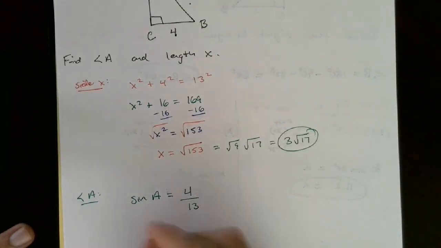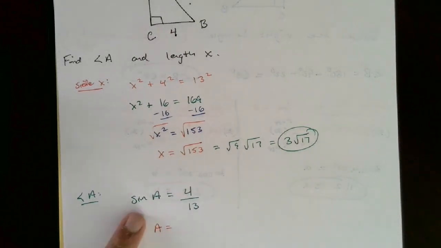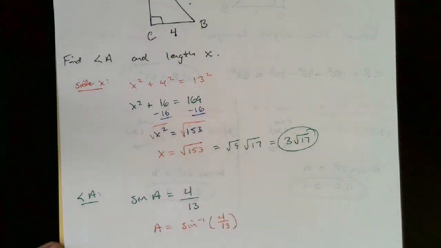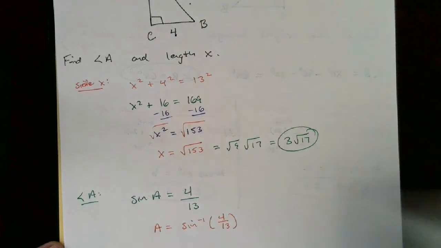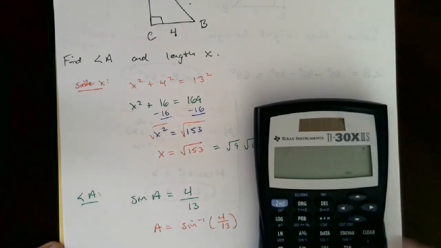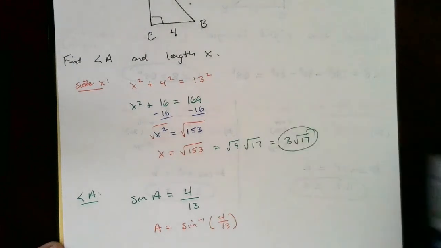So how do I find angle A then? Well, if you know that the sine is equal to 4 over 13, to find the angle, remember, you're going to use the arc sine of that relationship. So the arc sine of 4/13. Make sure you know this.